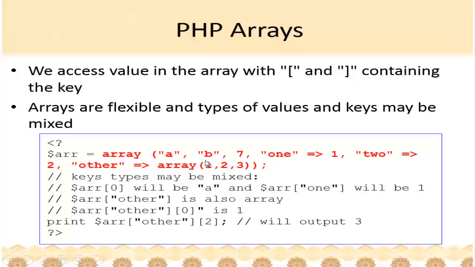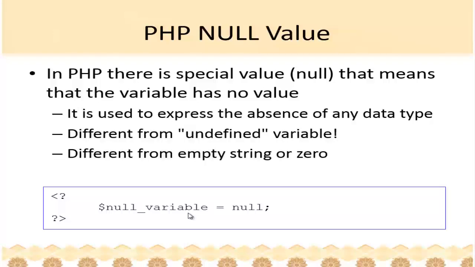Same thing, you just write ARR of other and then start giving the indexes of the inner array, which is inside it. If you want the first element, again you put it in square brackets and specify the index. If it had a key, then you specify the key instead of the index.